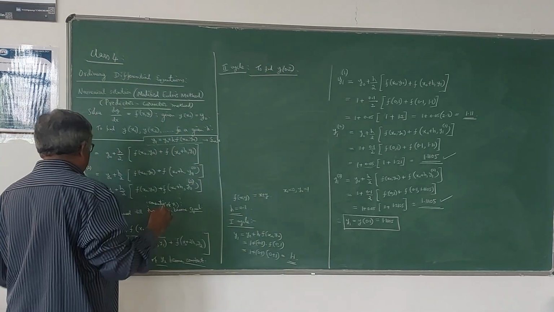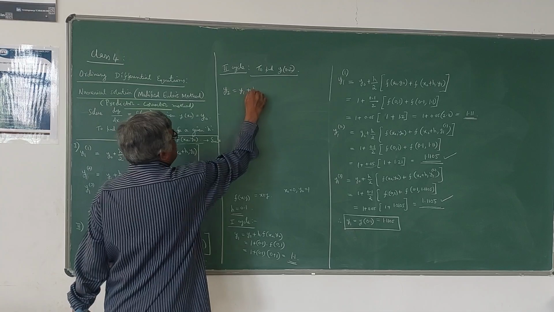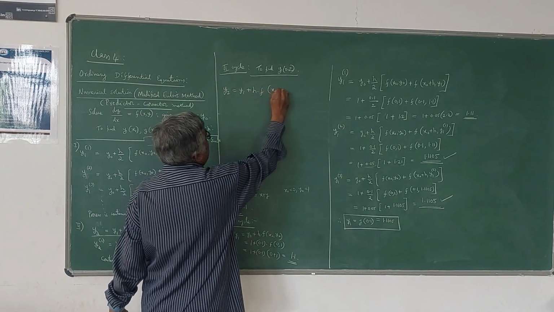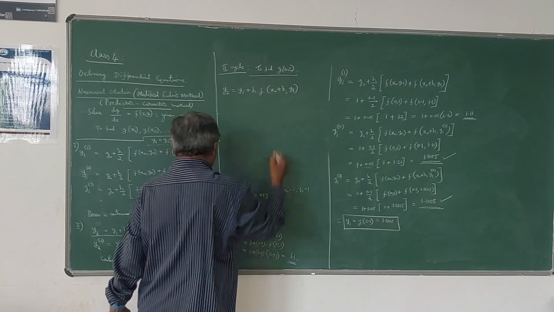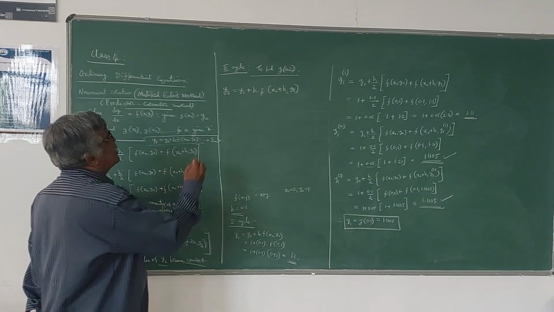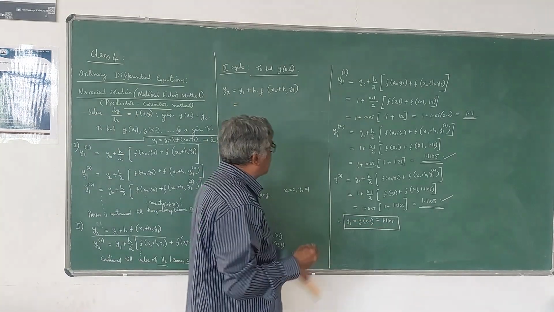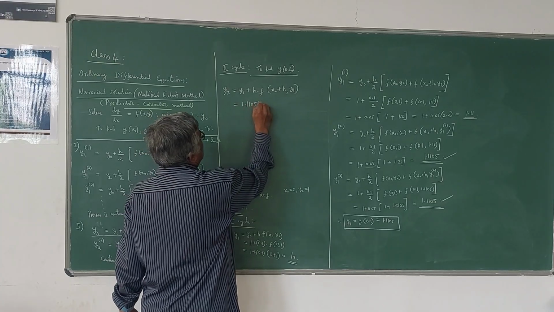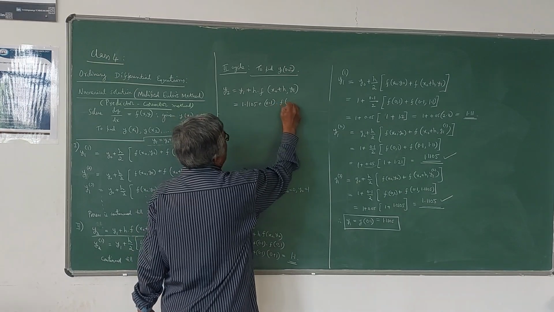So I will write this equation: y2 is equal to y1 plus h into f of x naught plus h comma y1. Yes, this is the equation. Now for y1 we take this value 1.1105 plus h, which is 0.1, into the function of x naught plus h.